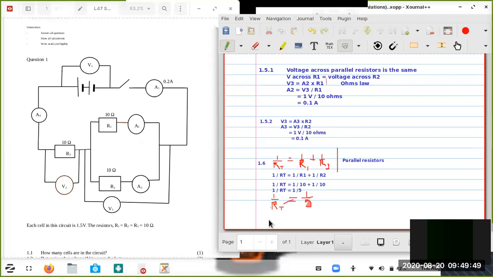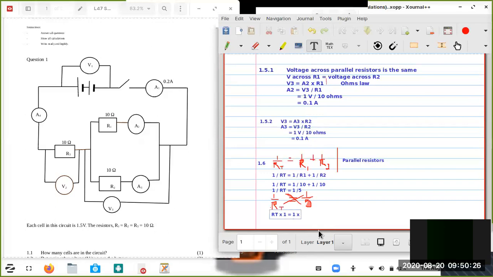Times 1. RT times 1, right? Then we are going to come up with total resistance times 1 is equal to, then we do the other cross multiplication. That's 1 multiplied by 5.